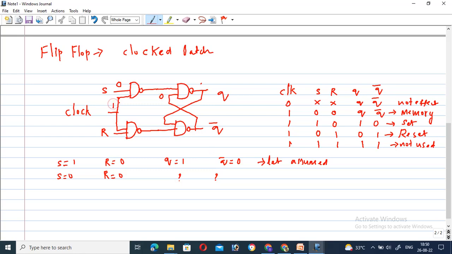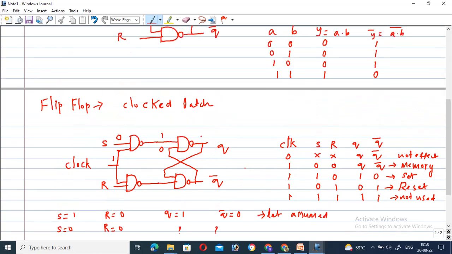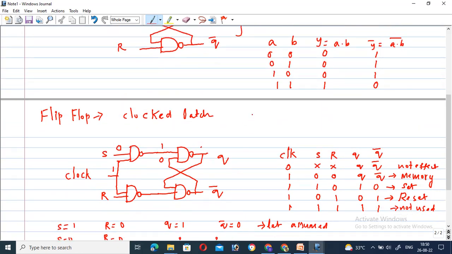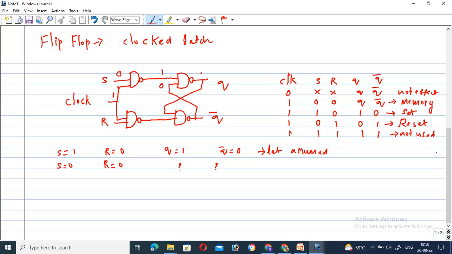Clock is equal to high. So 0 1 means that if any one of the inputs in the case of a NAND gate is 0, it produces the output high value. So this is equal to 1. Q bar value 0. The 1 0 combination in the case of the NAND gate produces the output value of 1.